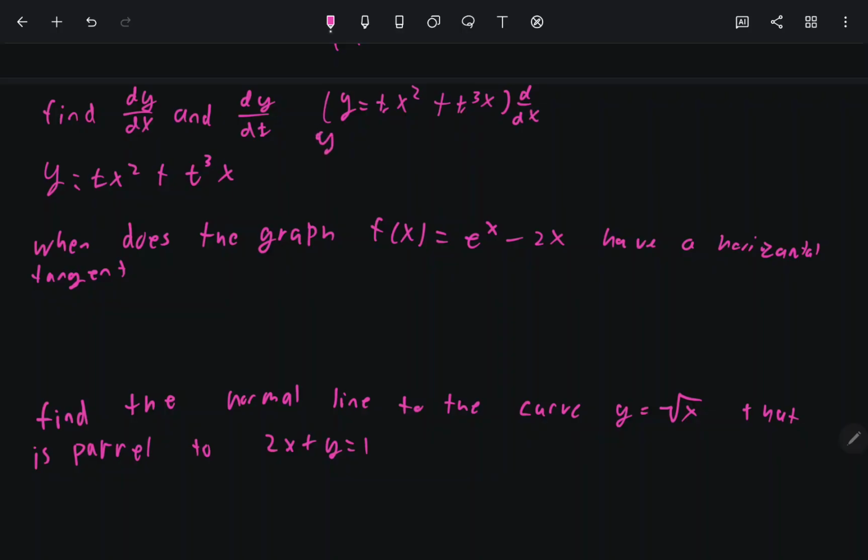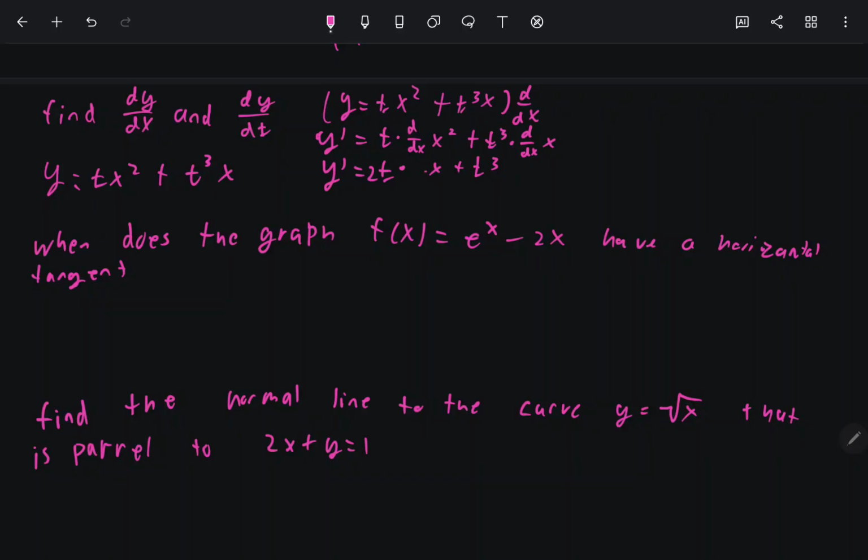So we're going to get y prime is equal to t times the derivative of x squared plus t cubed times the derivative with respect to x of x. Well, solving now, we get t times 2x, which I'm just going to real quickly bring that 2 out front, plus t cubed, and that's our answer.